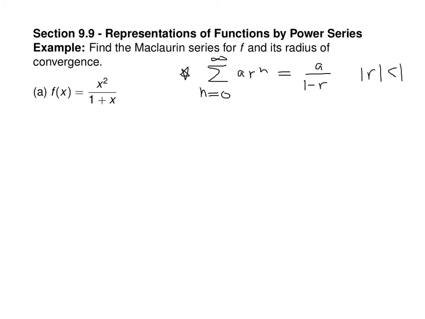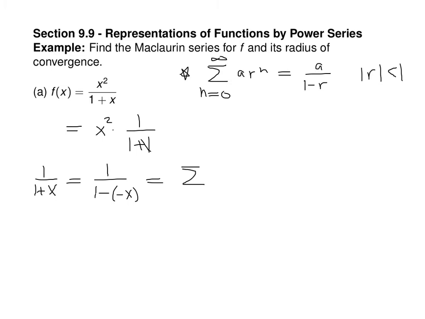So, for example, for f of x here, we can think about f of x as x squared times 1 over 1 plus x. And 1 over 1 plus x can be thought of as 1 over 1 minus negative x, which can then be expressed as a sum from 0 to infinity.